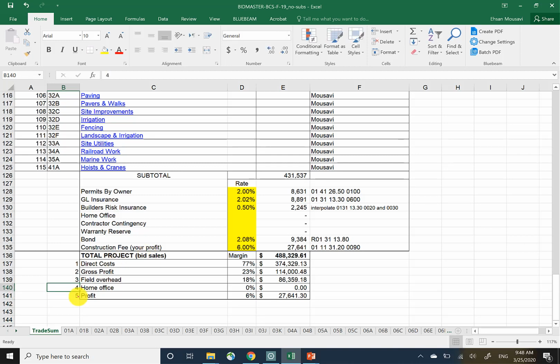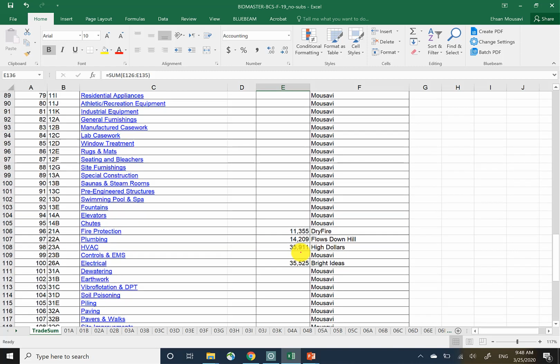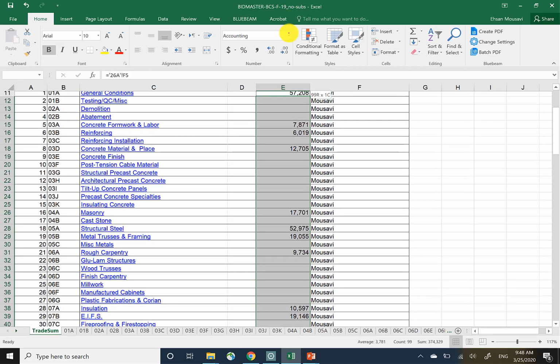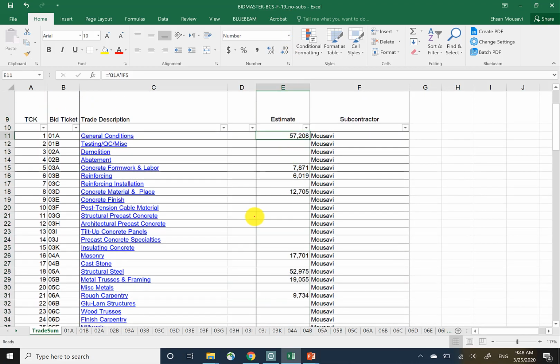So if I take these numbers and add them all together, it's going to give me gross profit. And if I take these two numbers and add them all together, it's going to give me this total right here. Okay, so now question: what portion of this is direct cost and what portion is indirect cost, right? I personally think finding the direct cost is probably adding more numbers together. So these are all direct costs except for this one right here.